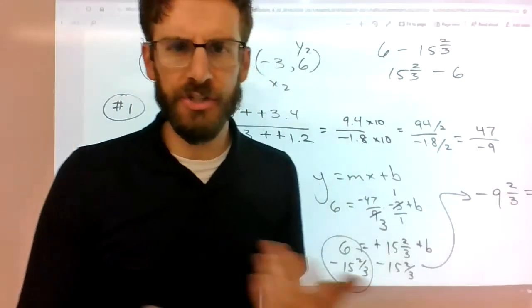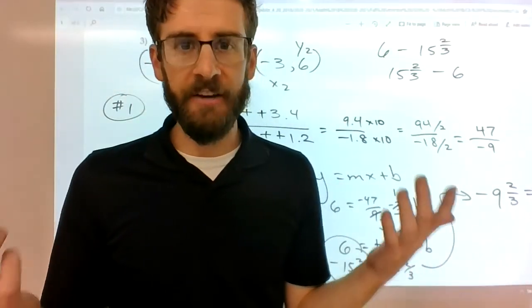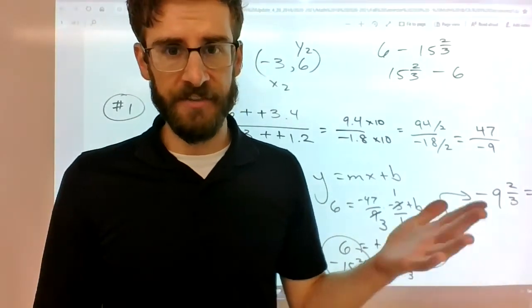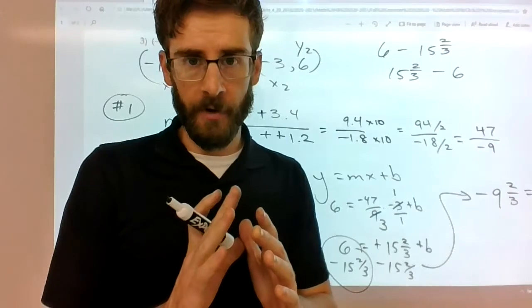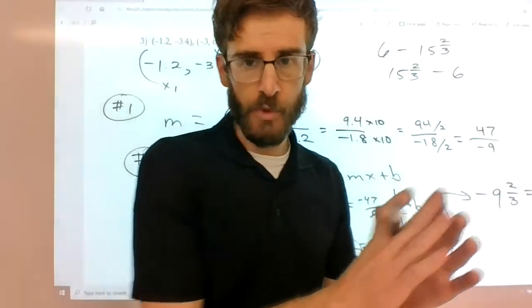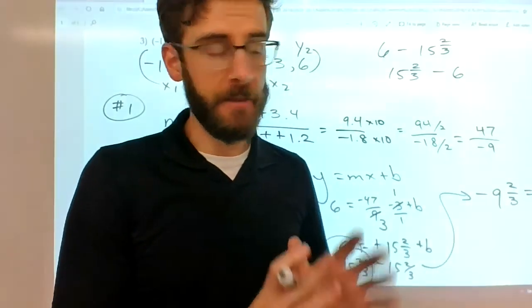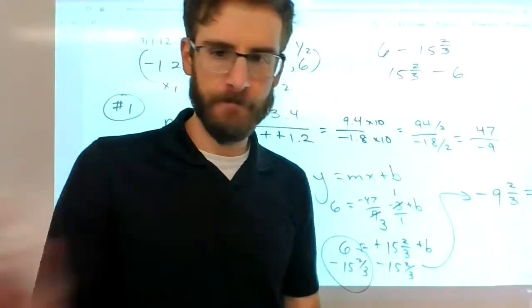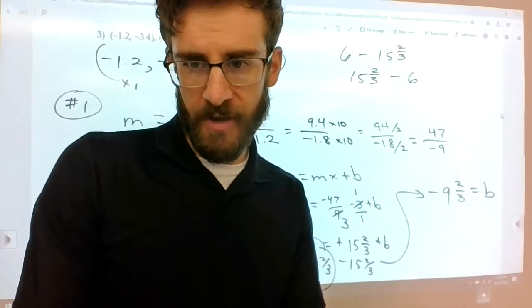So, you could just count, really. You have 15 2/3. Take away 1, 2, 3, 4, 5, 6. The whole number has been reduced by 6. So 15 minus 6 is 9. The fractions were untouched. They're just kind of attached on at the end. So that's your b value.